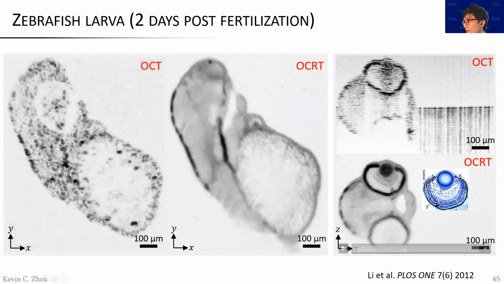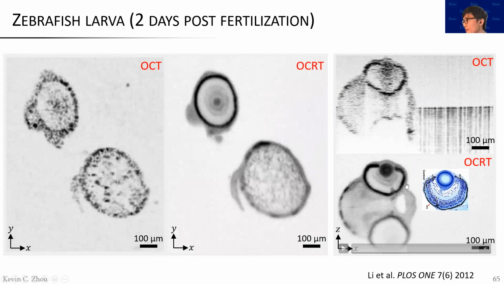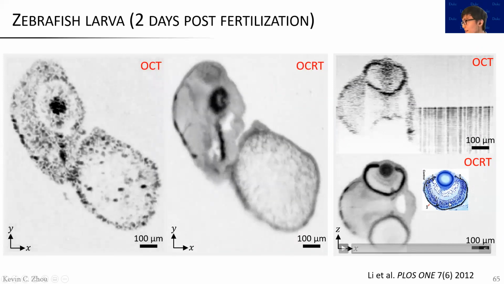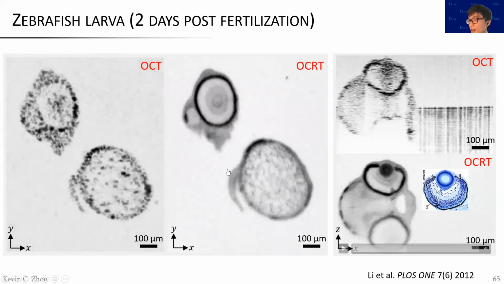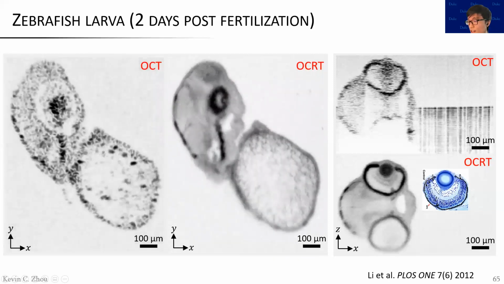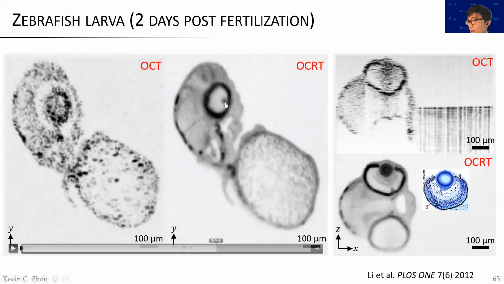We have the optic nerve and then the layers of the retina, which in a zebrafish apparently, I guess there's no vitreous in a zebrafish eye. And we can even pause this video and you can actually see the optic nerve right here very nicely that you can't see in OCT. Yeah, so that was pretty cool.